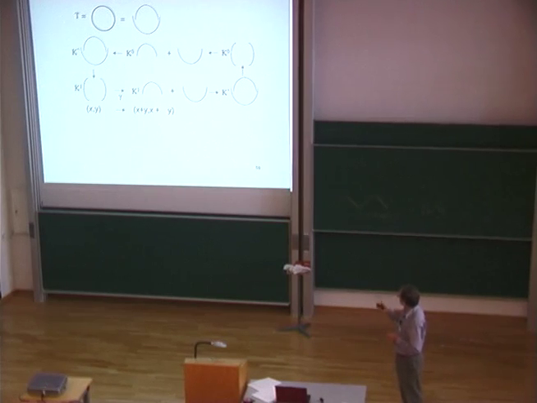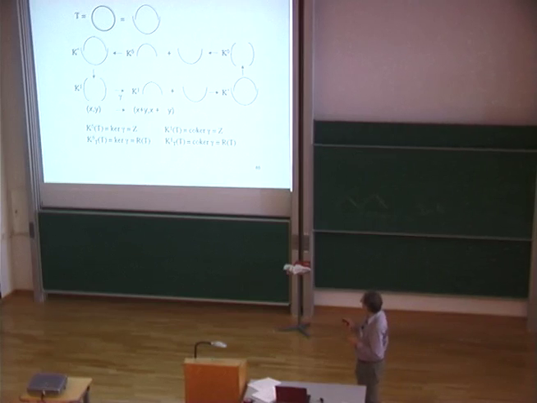So the only non-zero map here is the map gamma, which goes from Z plus Z to Z plus Z with these connecting maps here. So if I want to compute K0 and K1, I just take the kernel and the cokernel of this map. And of course I just get exactly what I should get, the integers.